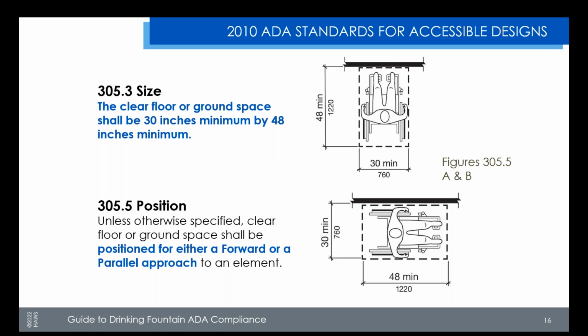Okay, you have to provide a 30-inch by 48-inch space of clear space underneath the element, which is just larger than your typical adult-sized wheelchair, giving them plenty of space underneath the unit to maneuver both their hands and the device underneath the fountain or whatever the element is.